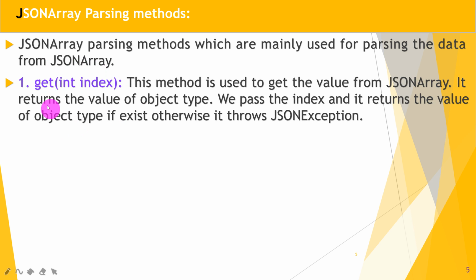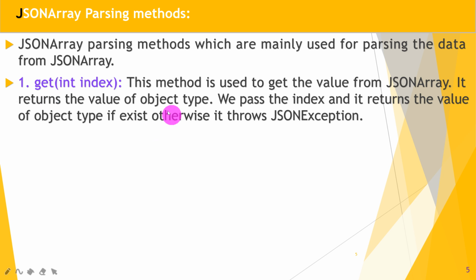So first, get, and pass the index. This method is used to get the value from the JSON array. So this is a JSON array containing different values, key value pairs, and which value do we return? It returns the value of object type because it's a common method for all.